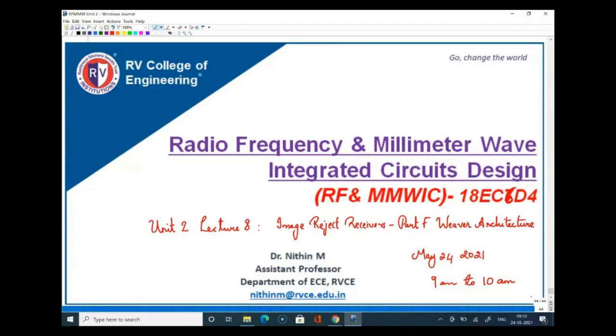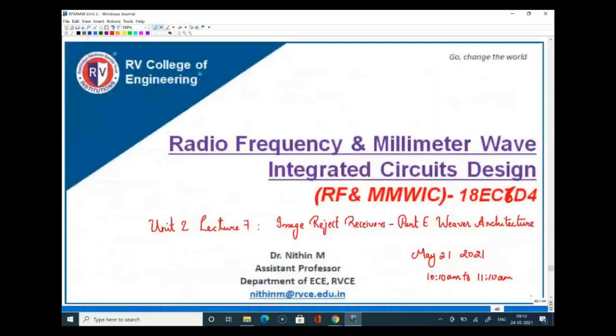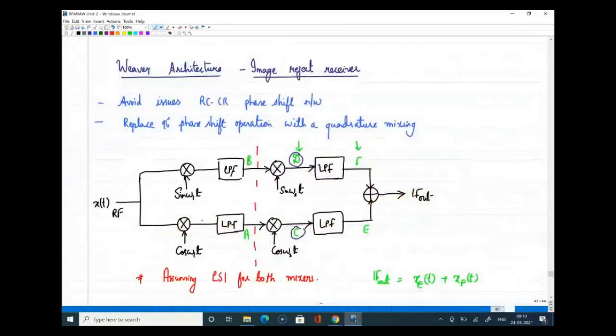And in the previous class, we looked at the architecture and also the equations. The main idea of introducing the Weaver architecture is to avoid the problems associated with the RC-CR phase shift network in the Hartley.